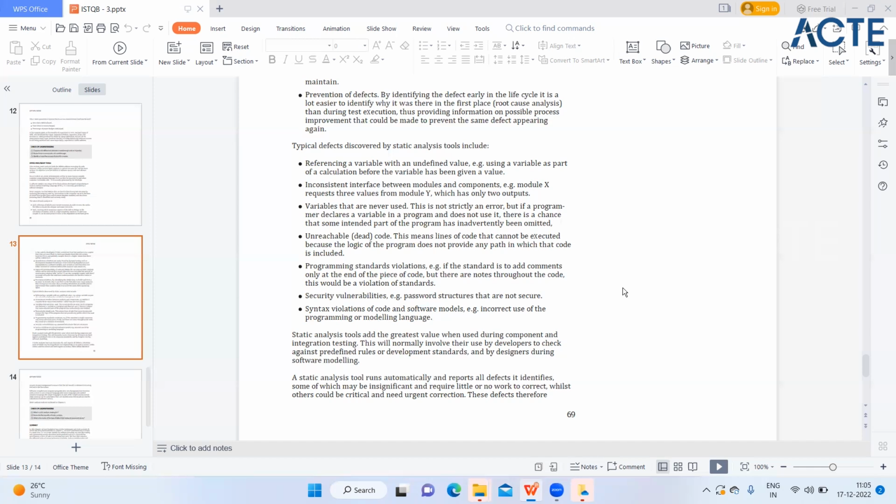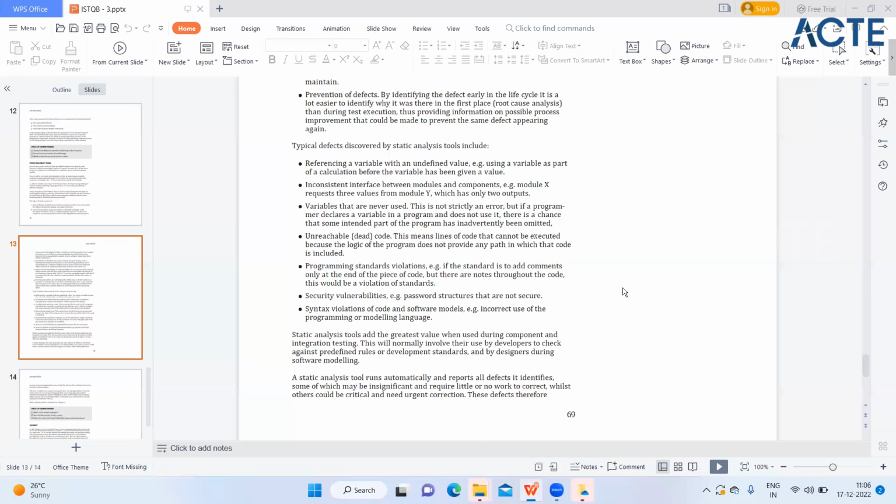This is not strictly an error, but if a programmer declares a variable in a program and does not use it, there is a chance that some intended part of the program has inadvertently been omitted. So in terms of code, you have defined the variable but you have not used it. It's not a problem, but it is just using memory in the program.